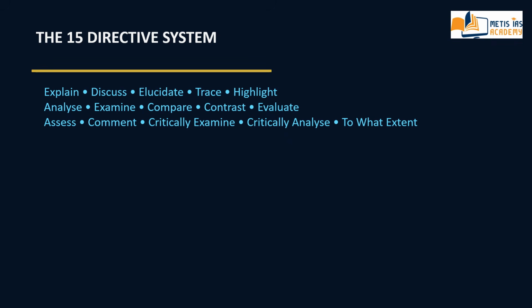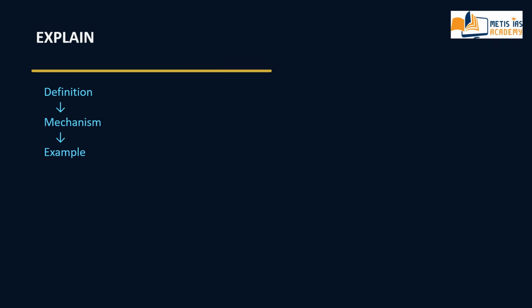Coming to the next family, that is proof directives. Proof directives means defend. The purpose is to support the statement. Defend means support the statement. The directives here are justify, substantiate, demonstrate, validate, establish. Coming to the execution: claim, then evidence, then reasoning, then conclusion.